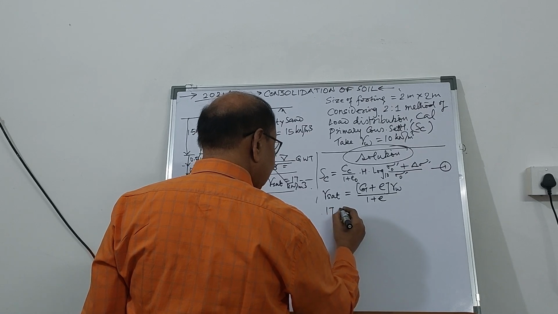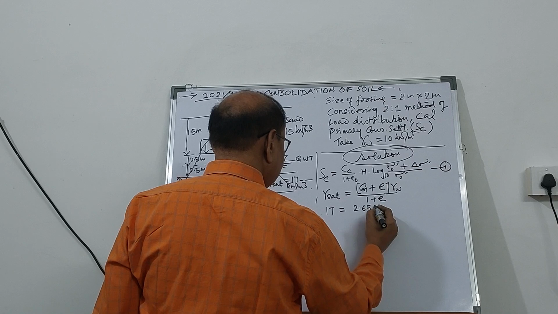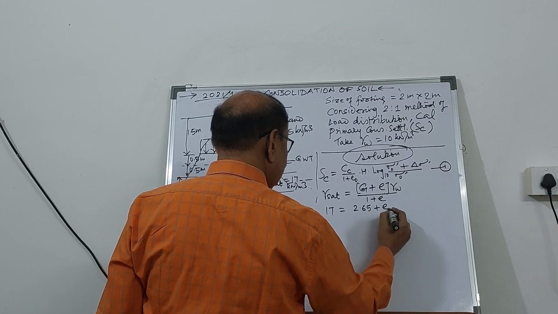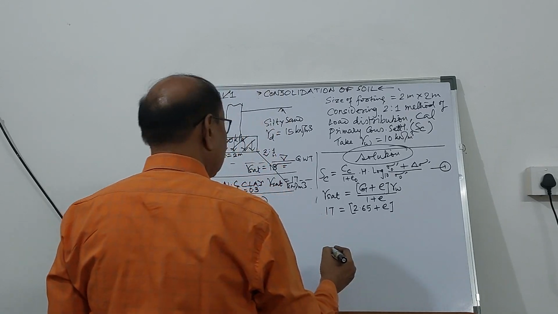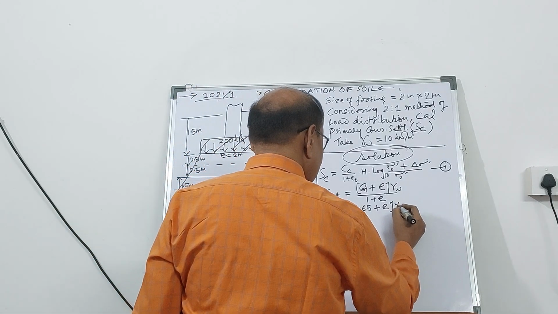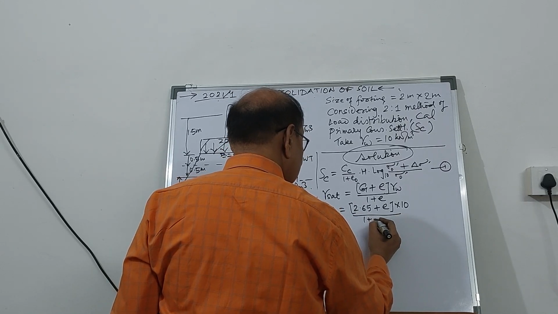So 17 equals (2.65 plus e) into gamma W, which is to be taken as 10, divided by 1 plus e.